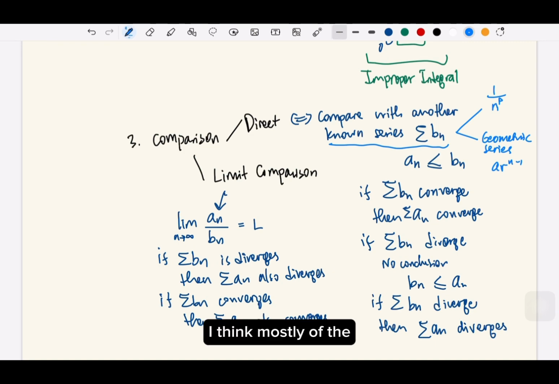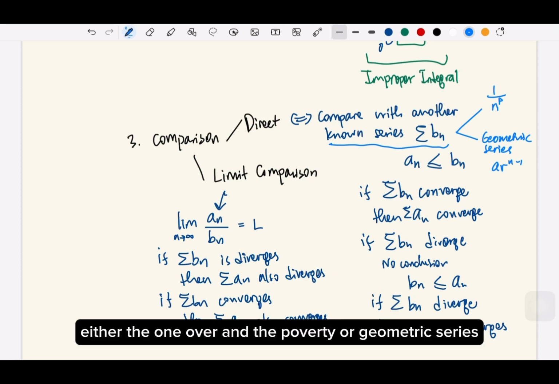I think mostly the cases will be comparing either the 1 over n with power of p or a geometric series.